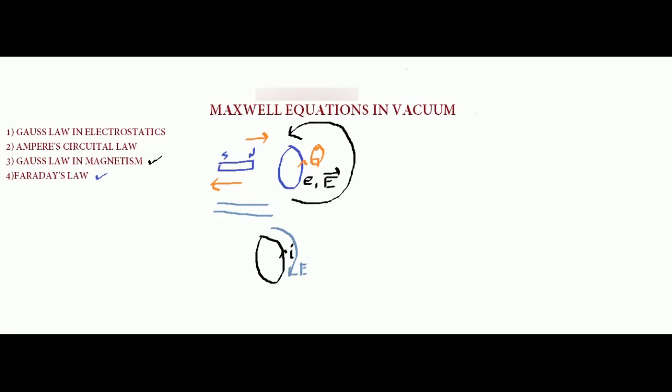So what was Faraday's law? Faraday's law says that the amount of EMF generated in a wire is equal to the rate of change of magnetic flux. If you change the flux through the wire very fast, then more current will be generated, that is, more EMF will be generated.